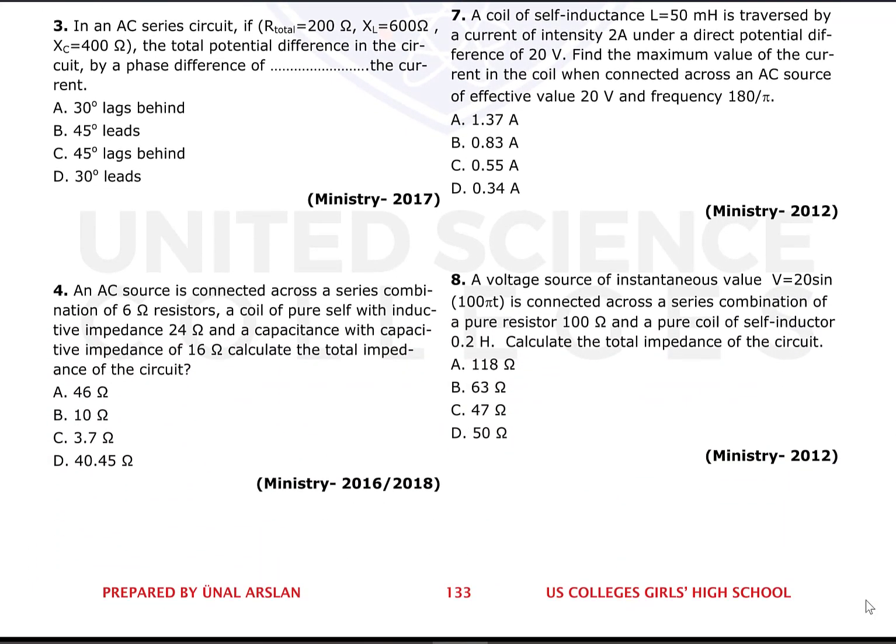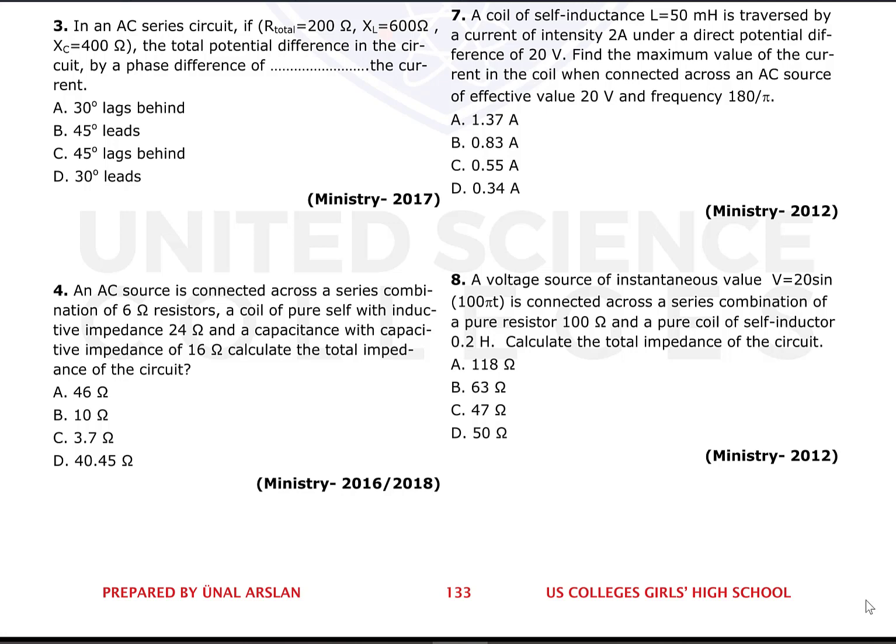And question number 3. In an AC series circuit, R is 200 ohm, XL is 600 ohm, and XC is 400 ohm. The total potential difference in the circuit is ahead of the electric current by what phase angle? So the question is, what is the phase angle difference?